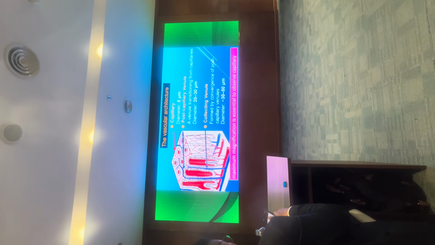To understand the microvascular architecture is really important. This scheme shows the microvascular architecture. The smallest caliber microvessels, about 8 micrometers, enclose the crypt opening.